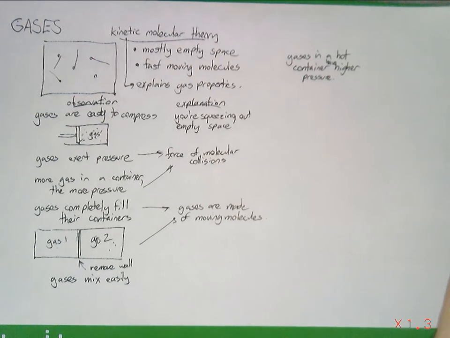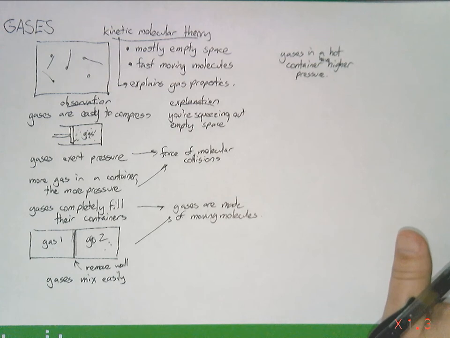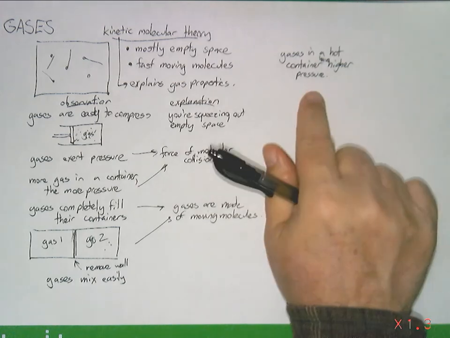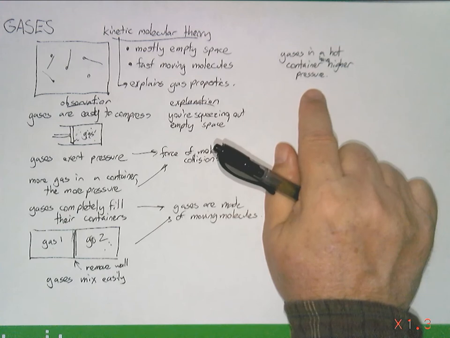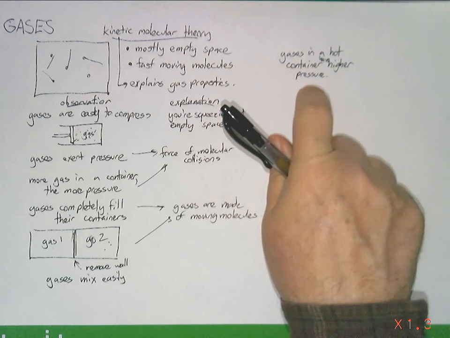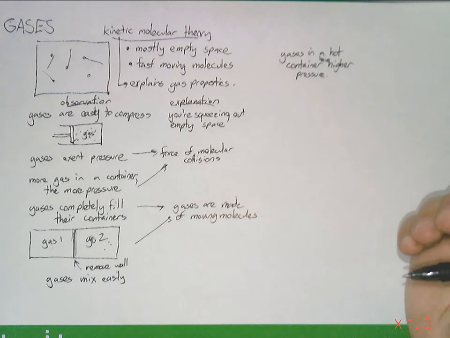If you look at the side of an aerosol can or a shaving cream can, it tells you do not incinerate. Don't throw that can in a fire. And the reason is that if you throw a can into the fire, the pressure inside is going to build up to the extent where the can explodes. Why does that happen?